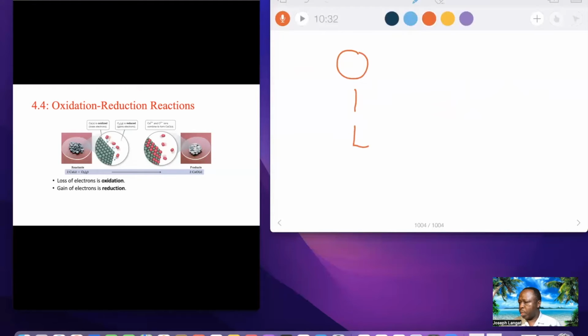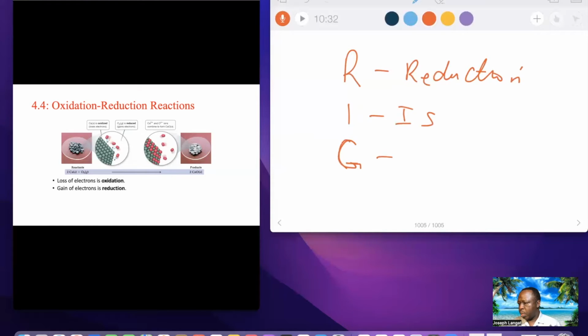Oxidation is loss of electrons, OIL, and then RIG, reduction is gain of electrons, right?